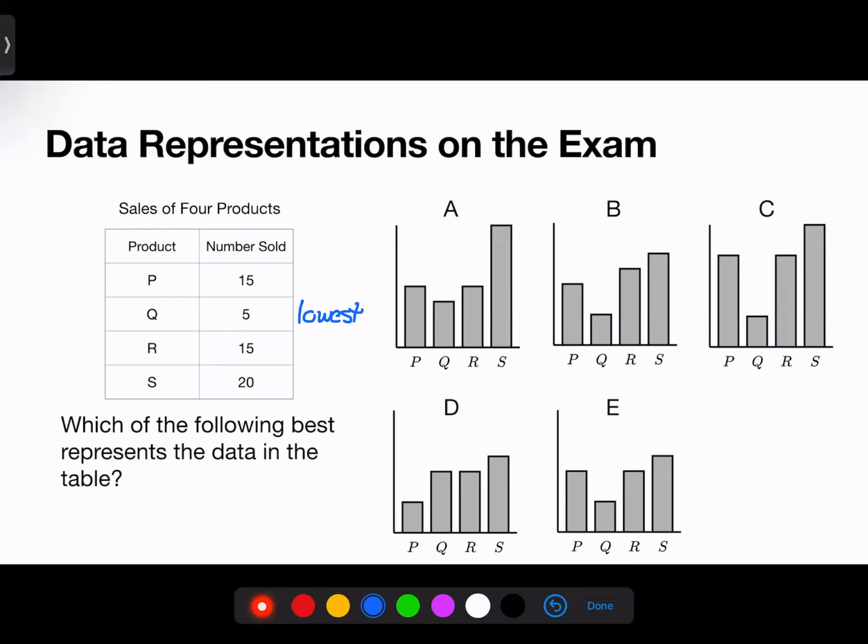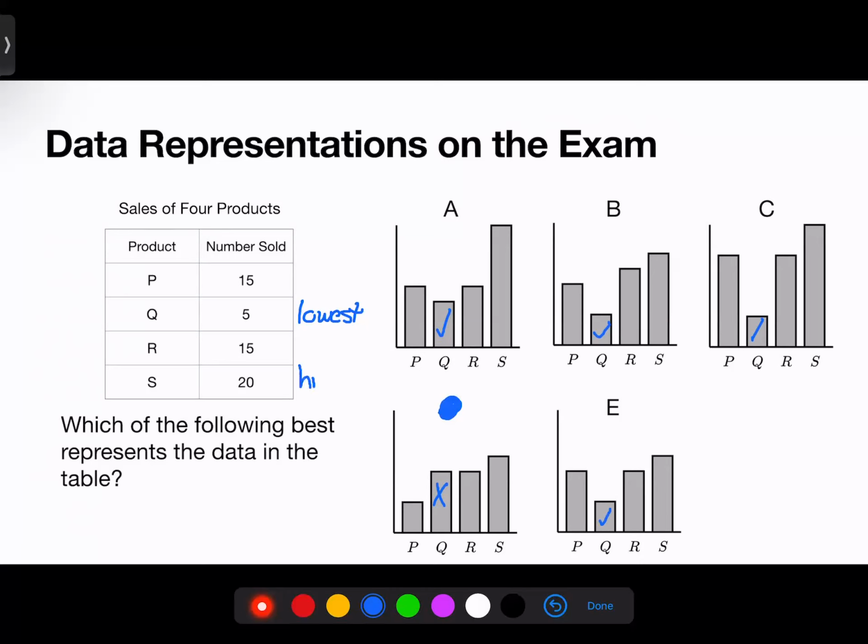So let's check each of our graphs to make sure that Q is the lowest sales on each. A, B, C, D does not have Q as the lowest, so we have to eliminate D. And then E is good.